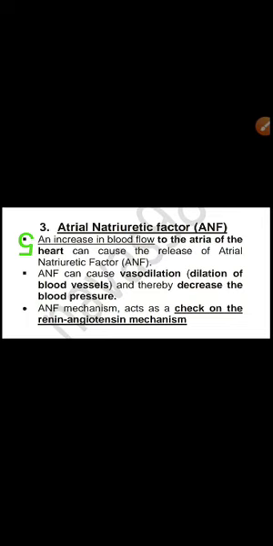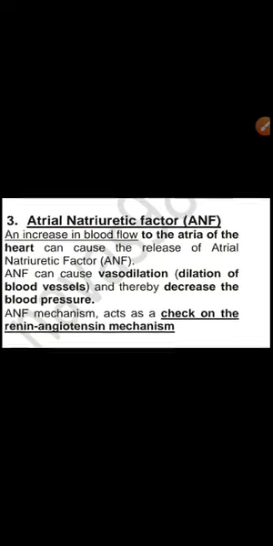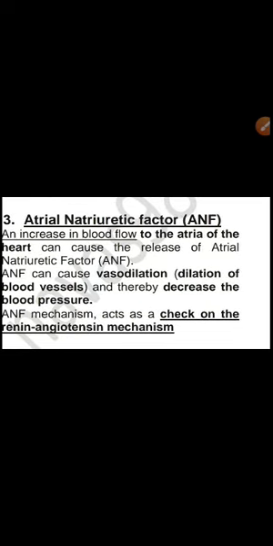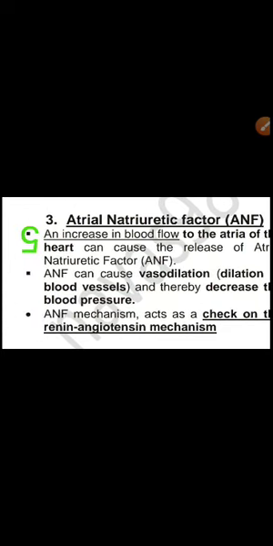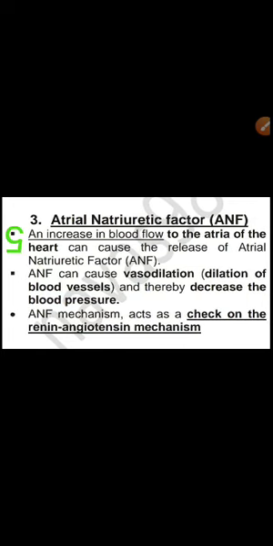And the third method is by ANF, atrial natriuretic factor, which is secreted by the heart. The atrial wall of the heart secretes a hormone called ANF, and this is secreted when there is an increase in blood flow, when the GFR is high.